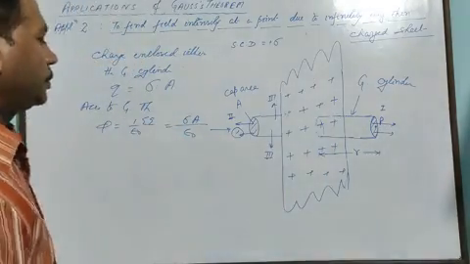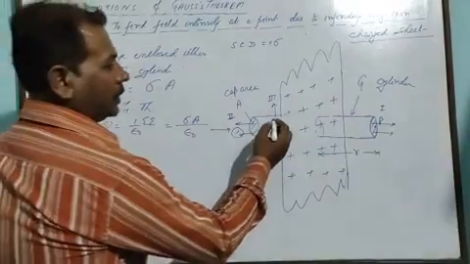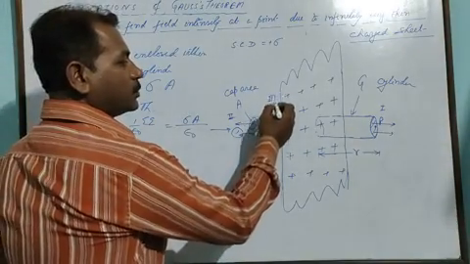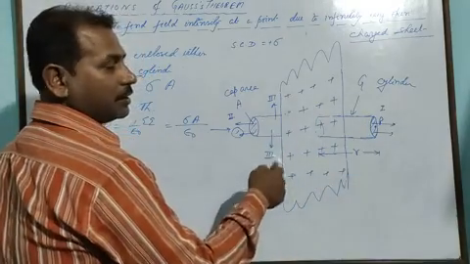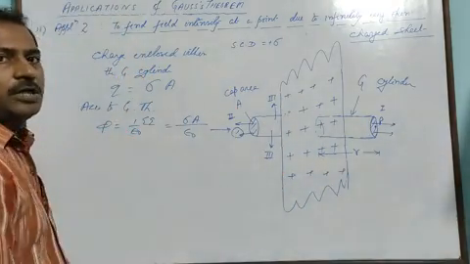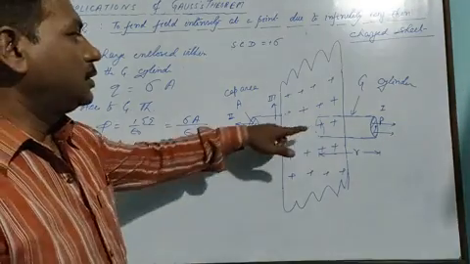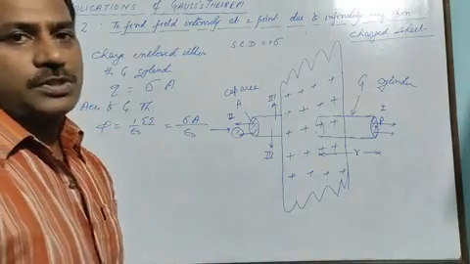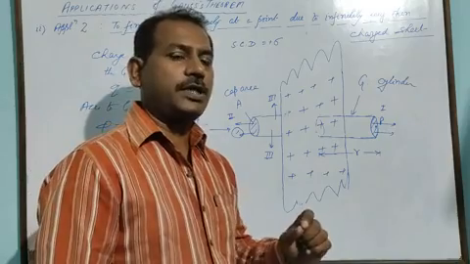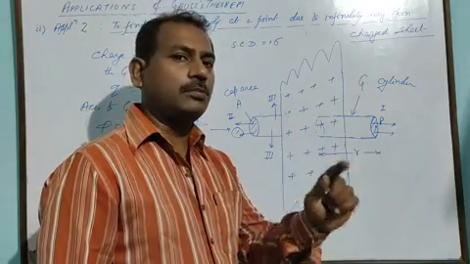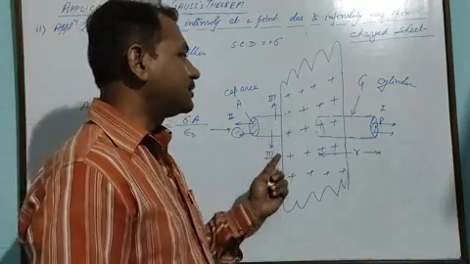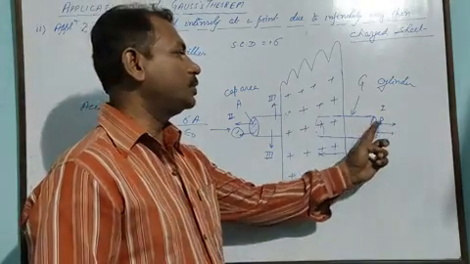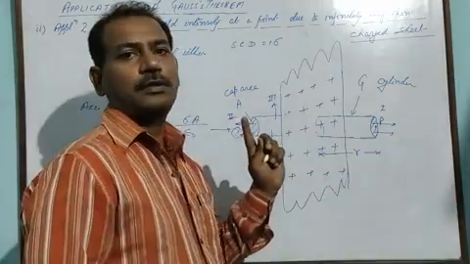You know from the theory of electric flux that those lines which come from this side will not be normal to the charge sheet, which is the property of electric flux, that it will always come out normally. So electric flux will not pass through the curved surface area, rather it will pass through only this area and this area.